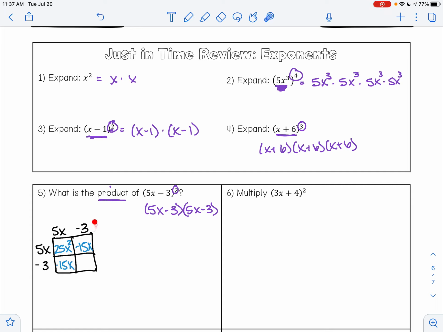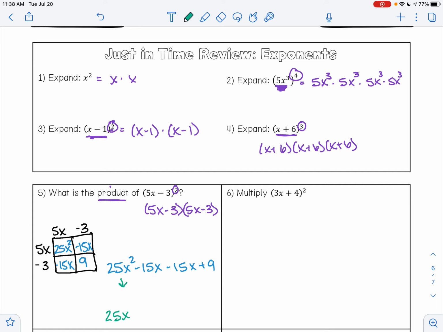And negative 3 times negative 3 is positive 9. So inside my area model, I have 25x squared minus 15x plus 9. The next thing I want to do is combine like terms and write my answer in standard form.